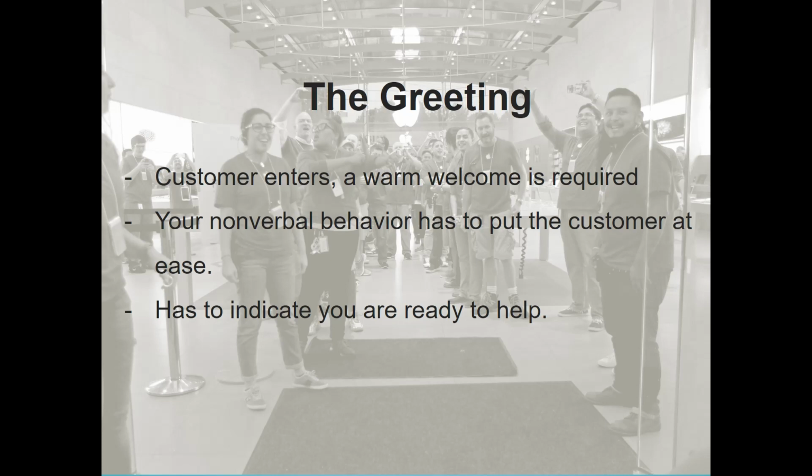You have to indicate that you're ready to help in many ways, by your body, your nonverbals, yourself, and not necessarily by saying, may I help you? We're going to look at that in more detail when we come to the sales module, but you need to show that you're ready to help them. And also to say that you are welcome to the store. So that's step number one that you need to do in role playing to achieve great customer service.